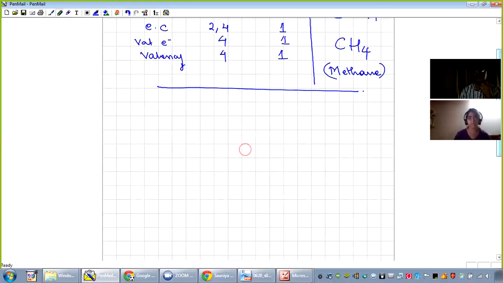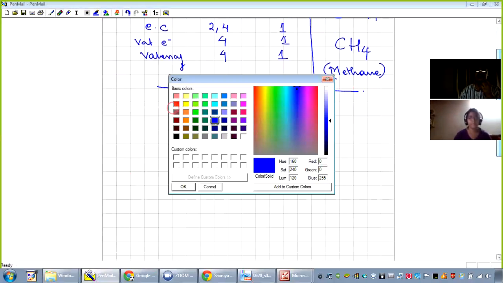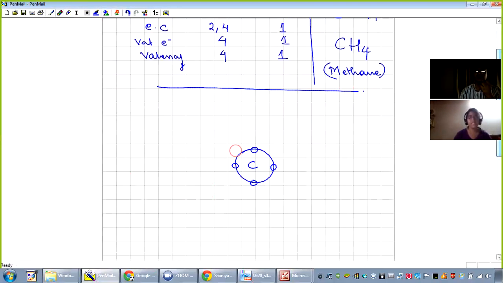So what am I going to do? I am going to draw the carbon atom here in the middle with 4 of its electrons. It's a sharing, it's a covalent bond, correct, because nobody can give or take electrons over here.